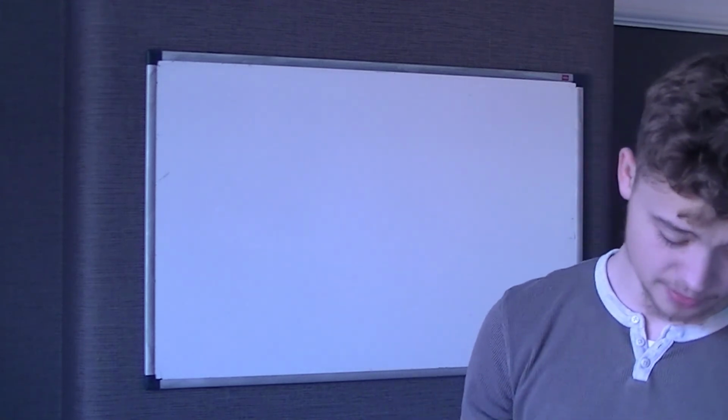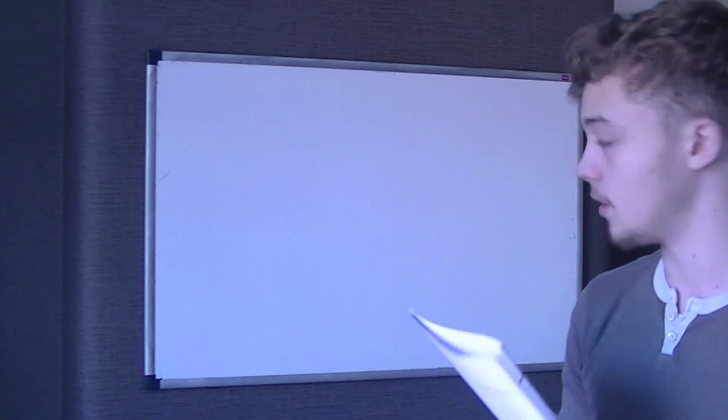Alright, so as I said, that was a nice quick recap of what we've done. So I'm going to go through a few questions. This is exercise 8.4 in your booklets if you've got them, but if not, it doesn't matter.